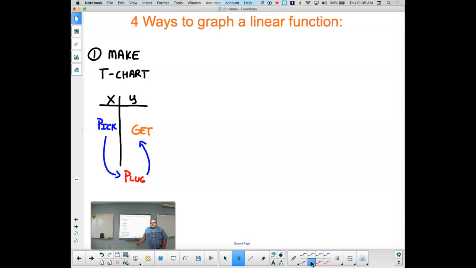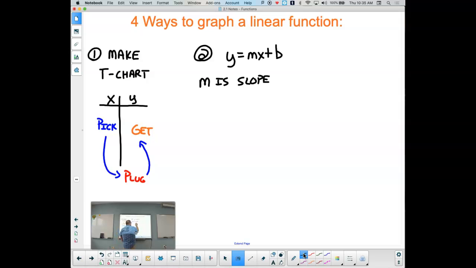Okay? You've done that many, many times. Okay? Next way is the y equals mx plus b method, where m is the slope of your line, rise over run.